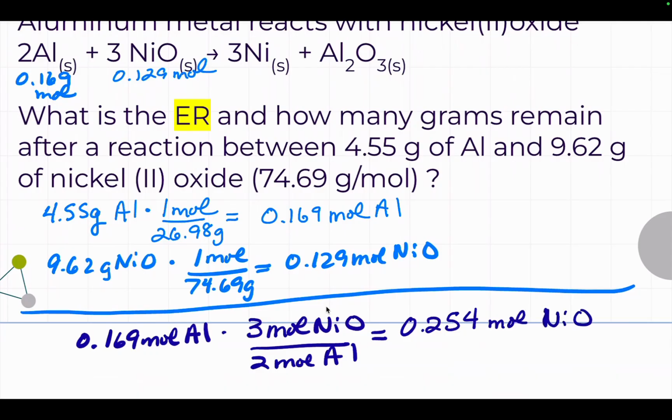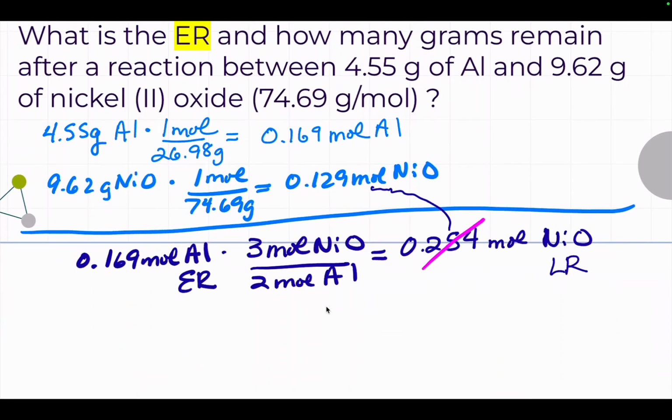So what this is saying is if all 0.169 moles of aluminum react, I would need 0.254 moles of nickel(II) oxide. And you can see that I don't have that. That means this is my limiting reactant and this is my excess reactant. And this amount is not going to be a number that we use at any point later.